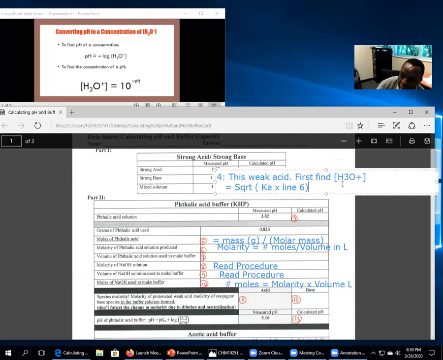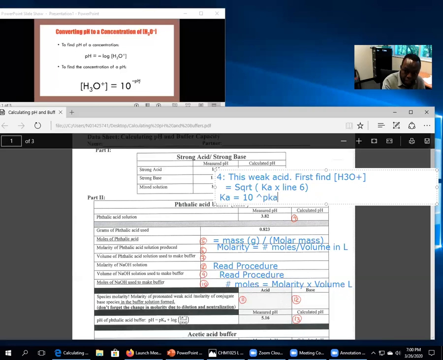It summarizes the ice table. I know maybe some of you are familiar with the ice table, but I have to find the Ka, where Ka is given by 10 raised to the negative pKa.